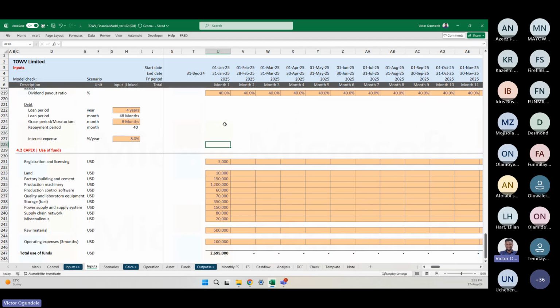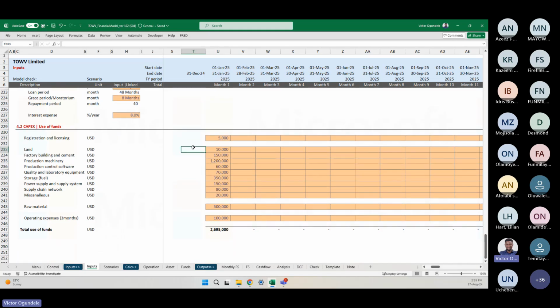But for project finance, the first thing is we need to state what we actually want to do and know how much it's going to cost us. It's not like the typical startup business, where they say, you know what, we just want to raise $5 million, and then they start listing what they want to use it for.